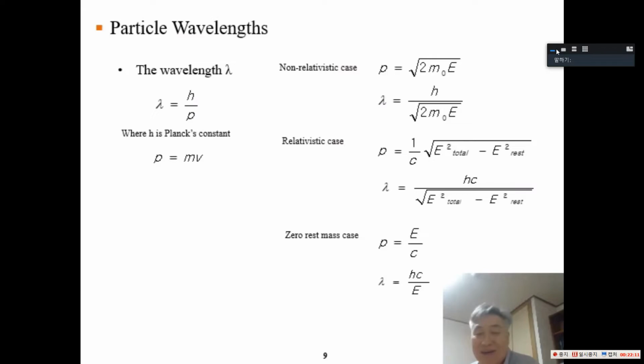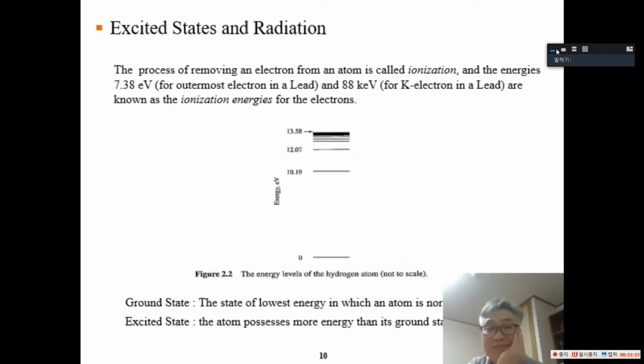Now, this is the excited state of an element. This is hydrogen. In the hydrogen, we have a hydrogen nucleus inside, and then we have an orbit. So there is a fundamental orbit and a next level orbit.